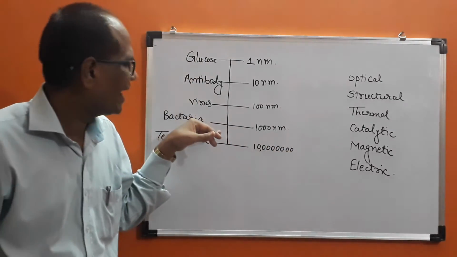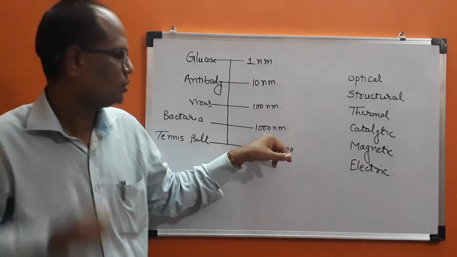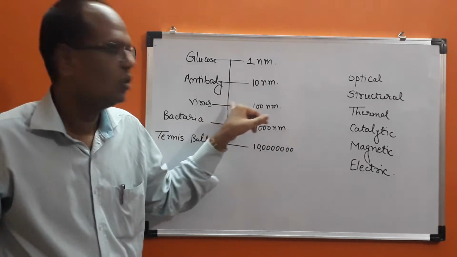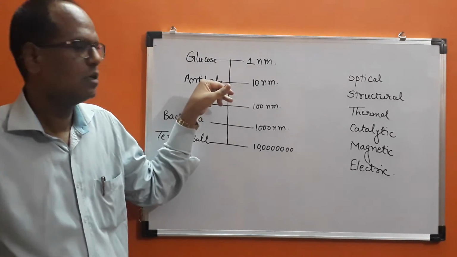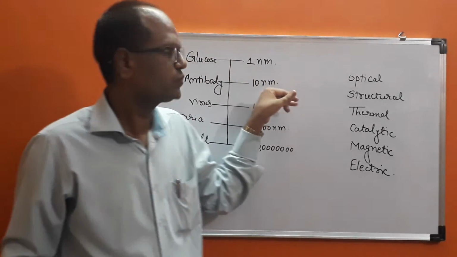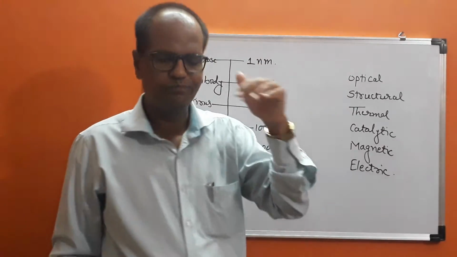After that, a bacteria is 1000 crore nanometers in dimension. A virus is about 100 nanometers. An antibody of any disease is about 10 nanometers, and a glucose molecule is about 1 nanometer.